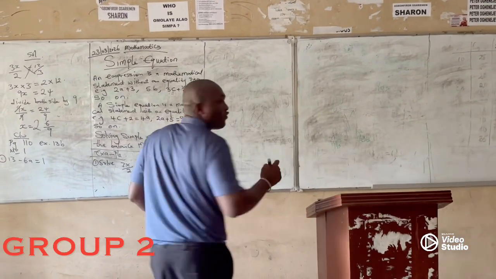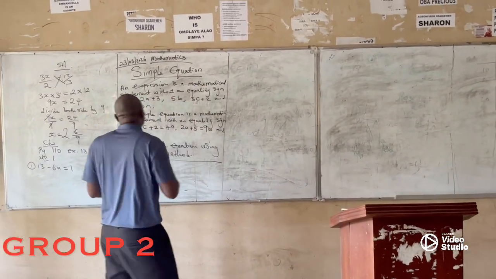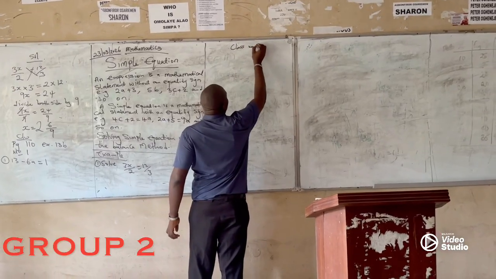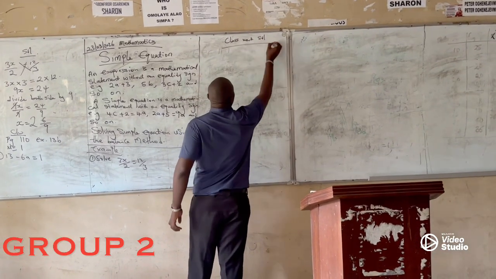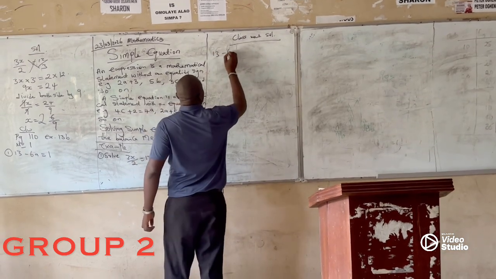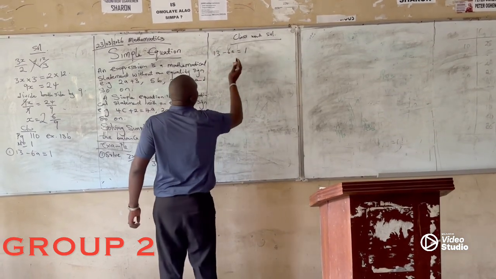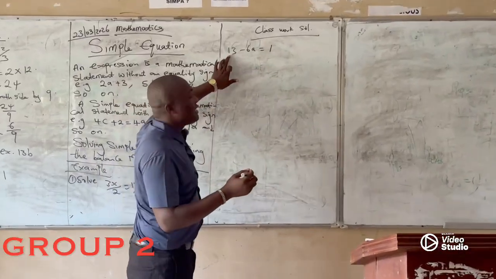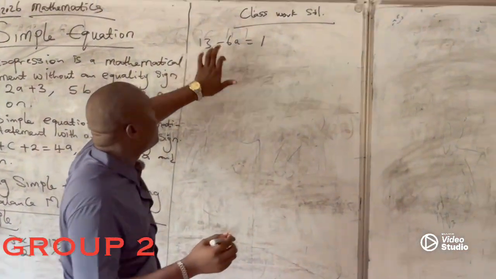Let's quickly check if you are correct. Now, from here, what we are supposed to do, we want to remove this 13. So what are we going to do to remove 13 from here?